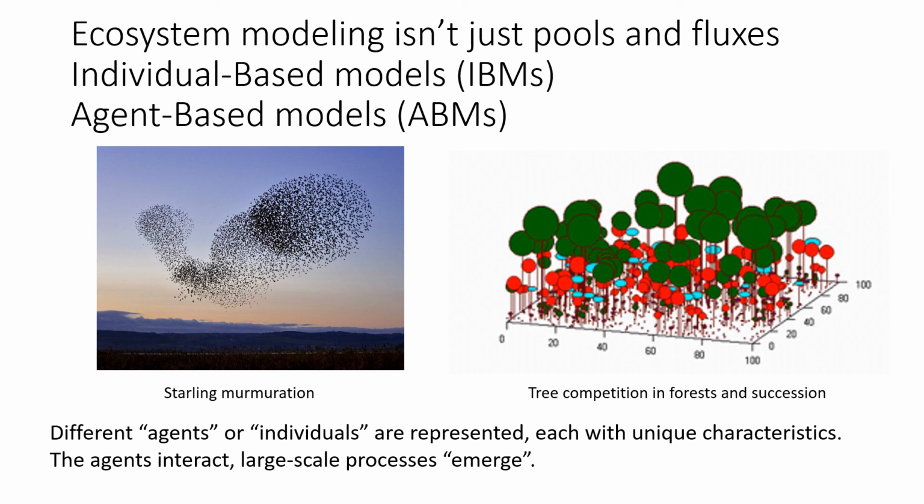A more ecosystem-centric idea is looking at forest succession, and in an individual-based model, one might represent each tree as an individual. There could be multiple species of trees, each with their own properties, their own requirements for nutrients and light and water. They compete with one another.